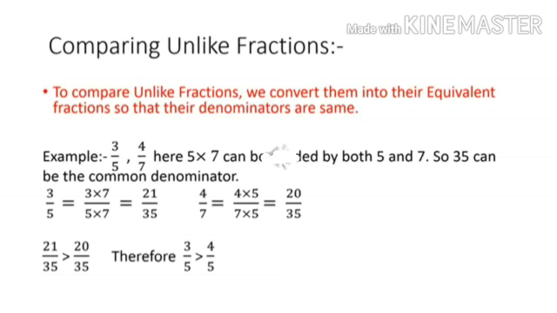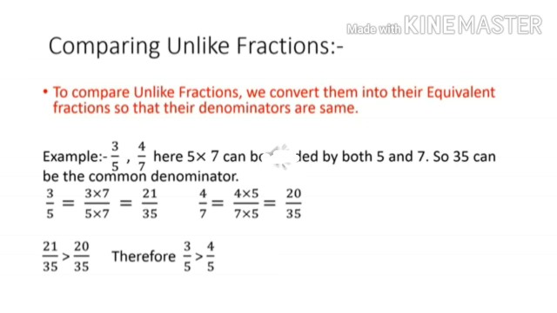Now here we have two equivalent fractions, that is 21 upon 35 and 20 upon 35. Now both the denominators are the same, so we have to compare the numerators, 21 and 20. Which is the smallest number? 20. So 21 upon 35 is the biggest fraction.